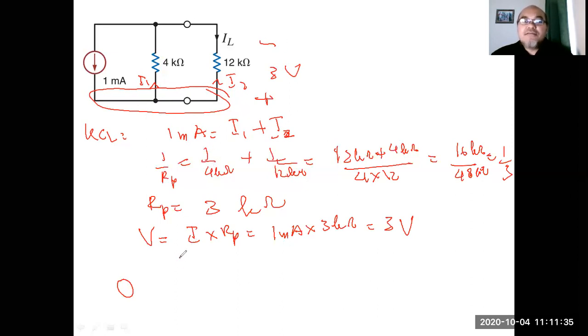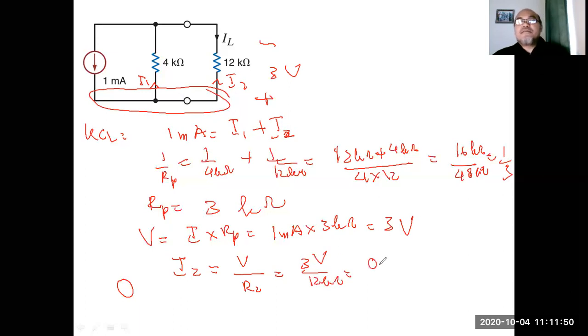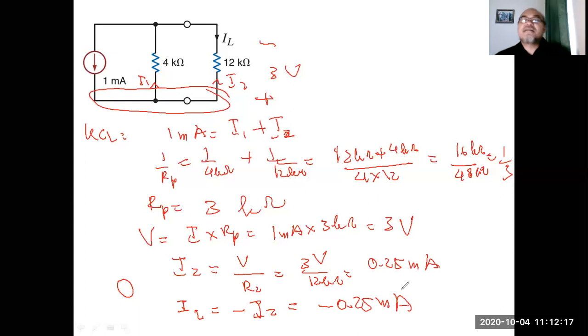Now I2 equals the voltage divided by R2, so 3 volt divided by 12 kilo ohm equals 0.25 milliampere. However, I2 is pointing upward while IL is pointing downward, so when we change the arrow we multiply by negative 1. So IL equals negative I2, equals minus 0.25 milliampere.